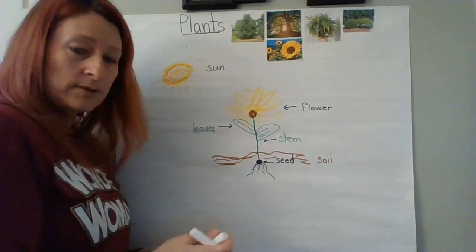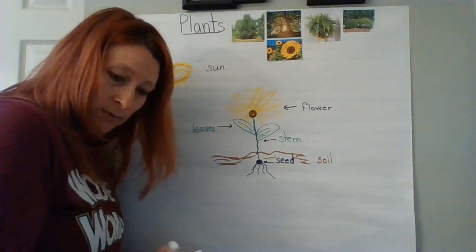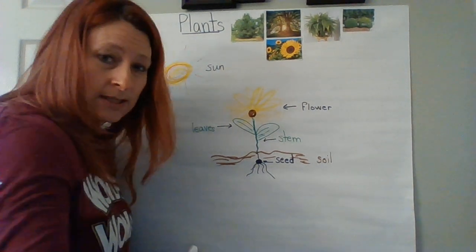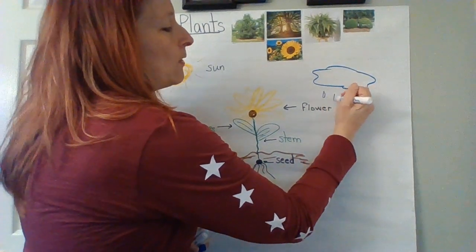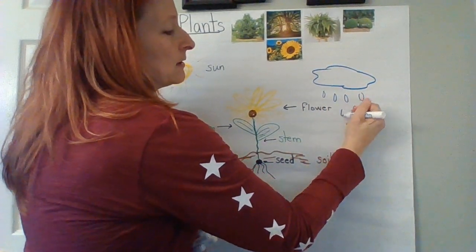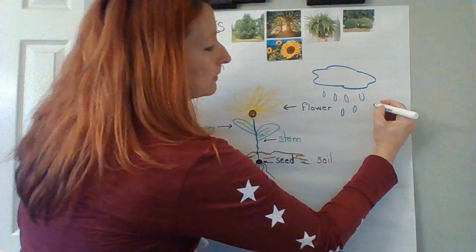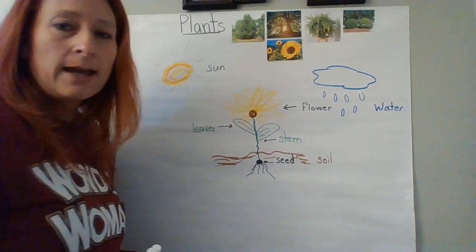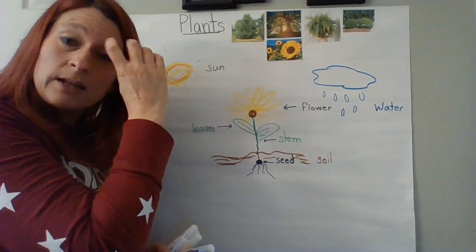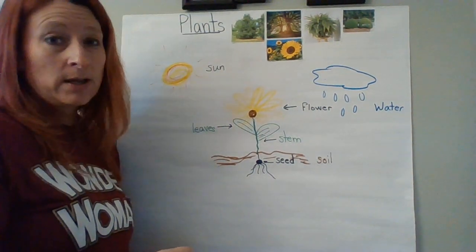You have the dirt, which helps the plants grow. And then you need the water or the rain. I'm just going to call it the water, because if you do not have rain, you can water it with a watering bucket.